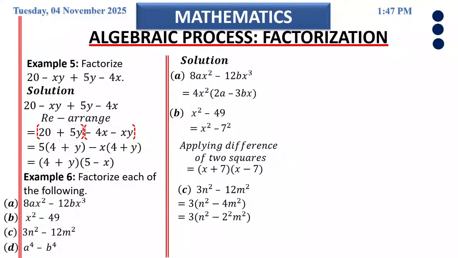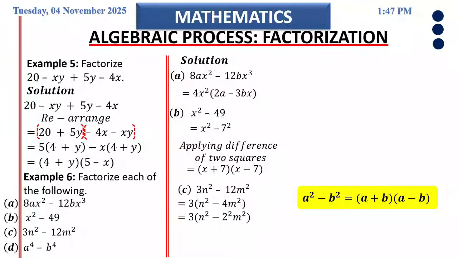Don't forget, for you to apply the law of a difference of two squares, each of the terms in the binomial must be squared. If one is squared and the other one is not squared, you cannot apply difference of two squares. So both of them must be squared.